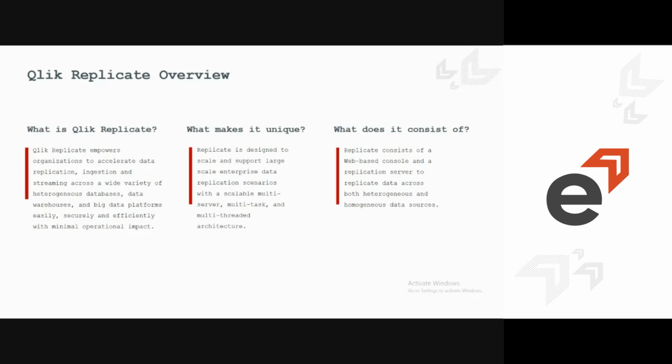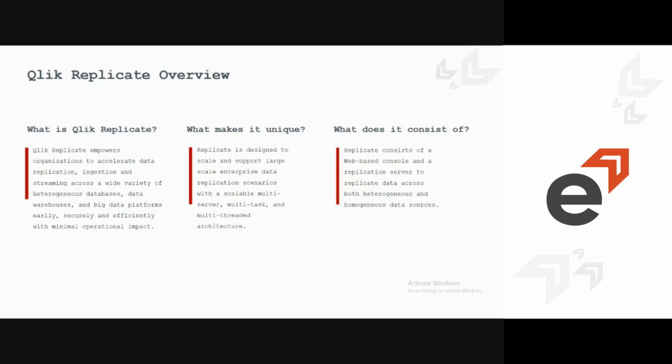You are just giving the instructions in Replicate of how you want to replicate, and everything that happens is multi-threaded, multitasked, multi-server. So you can copy multiple tables from multiple servers into multiple databases at the same time.